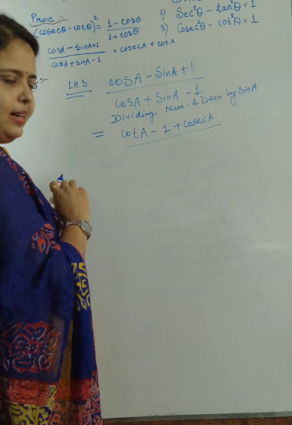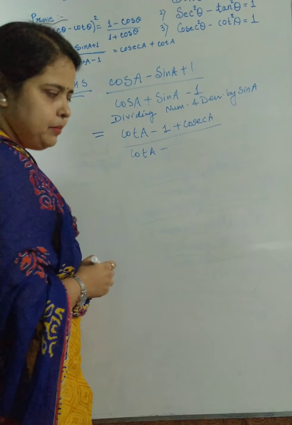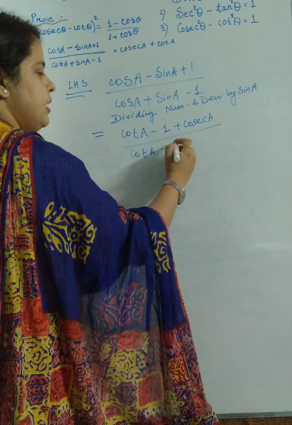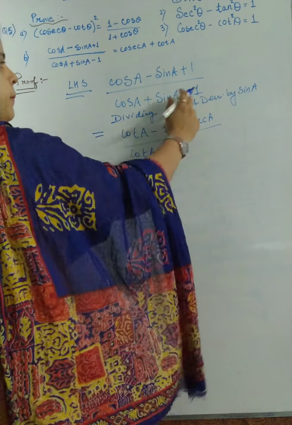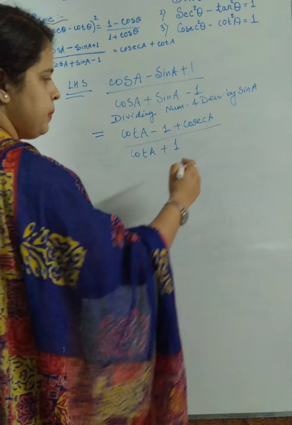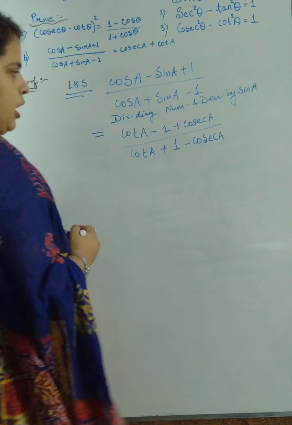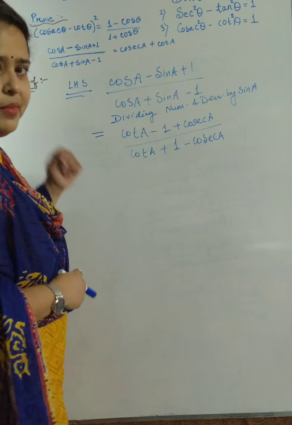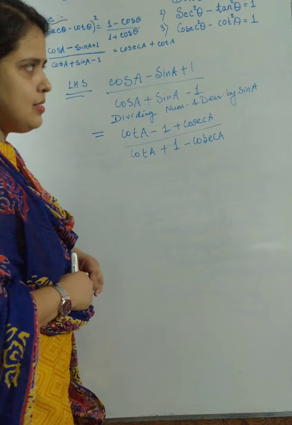Cos A by sin A is going to become cot A. Sin A by sin A is going to become 1. Minus 1 by sin A is going to become cosec A. I hope this particular step is clear, and it is clear why I have chosen this.